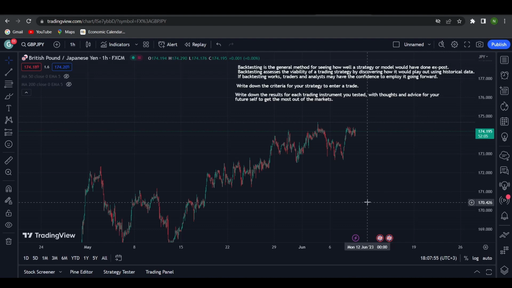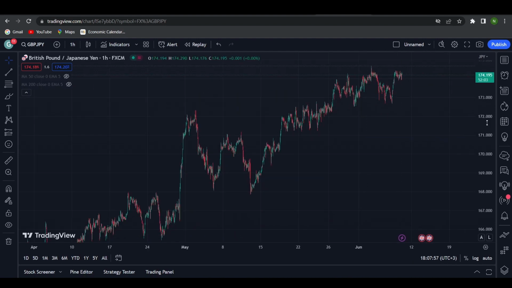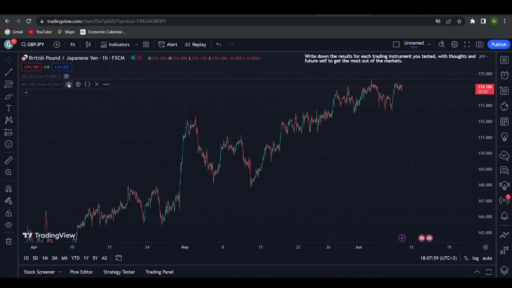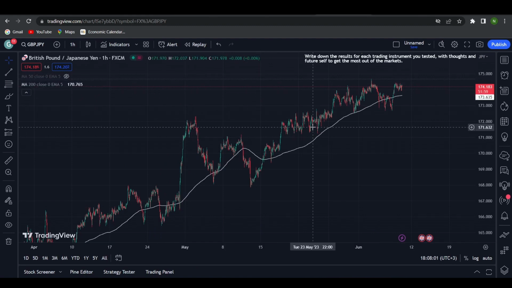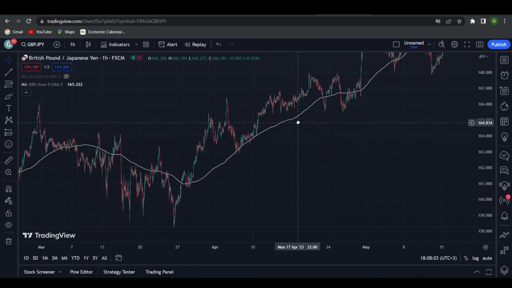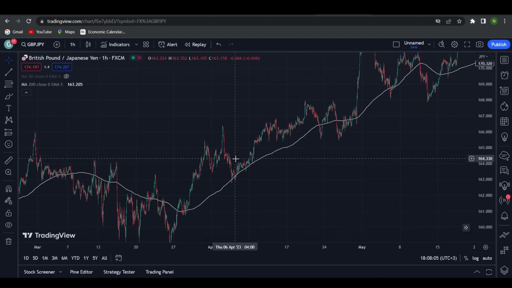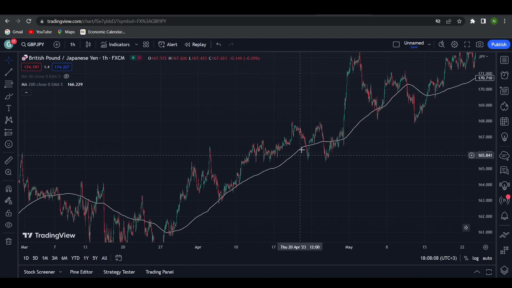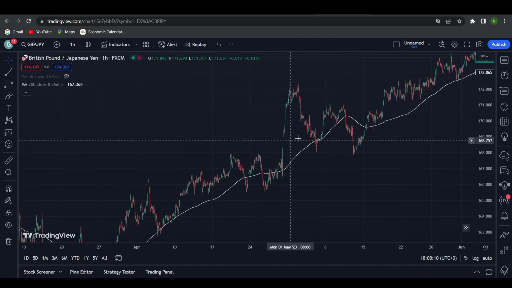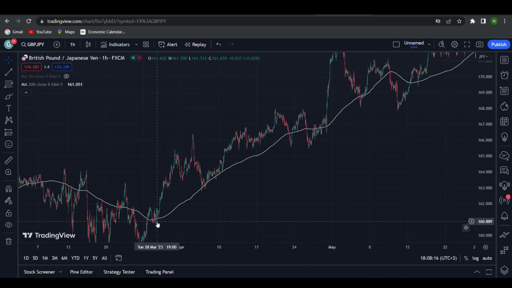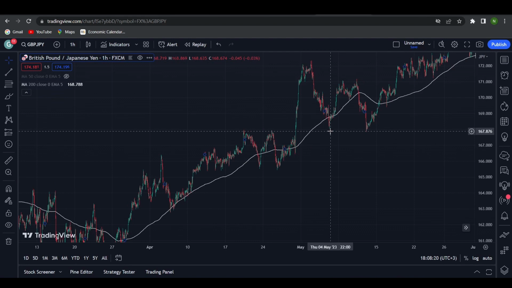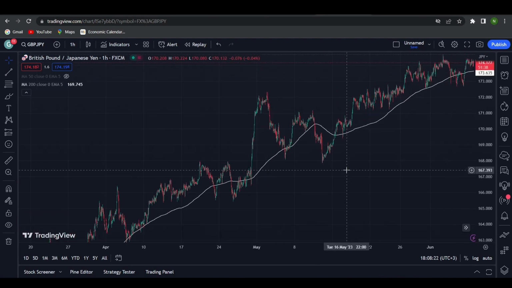Let's say I noticed a pattern with the moving averages, let's say I have the 200 moving average here. You can see that price usually bounces off the 200 moving average and uses it as a guideline for how price is going to be moving in the future. You can see there are multiple rejections of the 200 moving average for this specific pair only. So I will need to write that down.